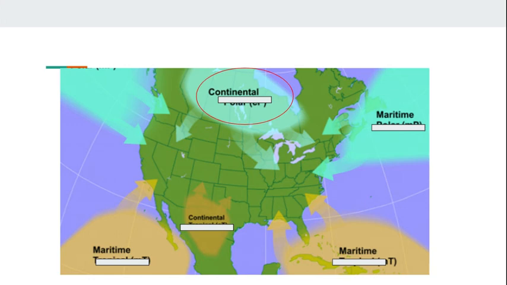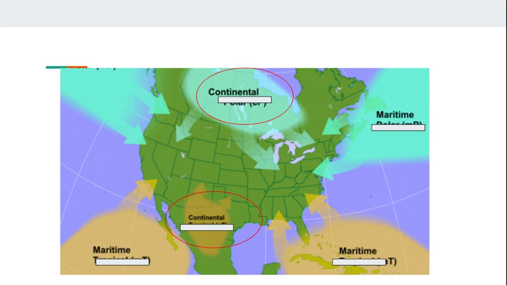Now, there's a second continental air mass on this map, over the state of Texas. This is also a continental air mass, so it is still going to have low humidity and low moisture. These are the two continental air masses on this map, both of which have the same characteristics of being dry.